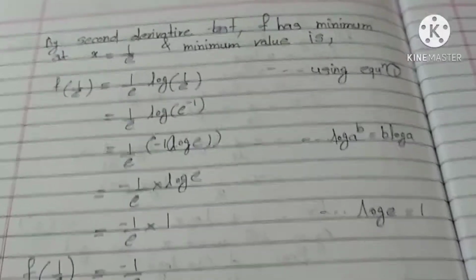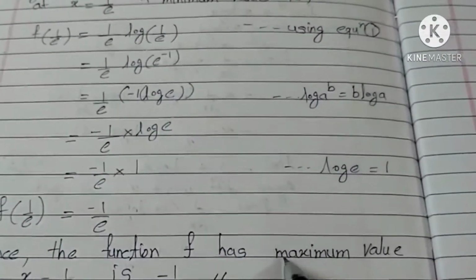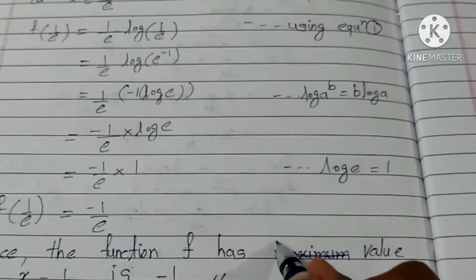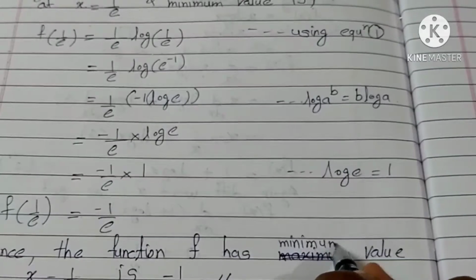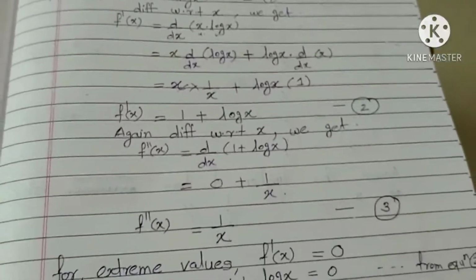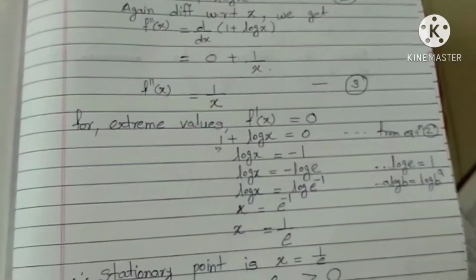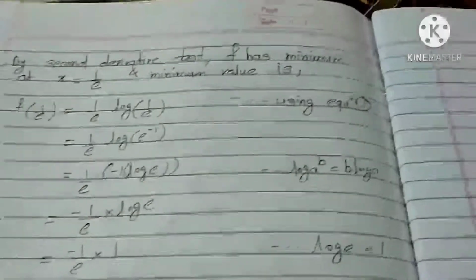So here we find our minimum value. Sorry, f has a minimum value, right, here minimum. Now observe the example. It is very simple. In a few steps we find our answer.